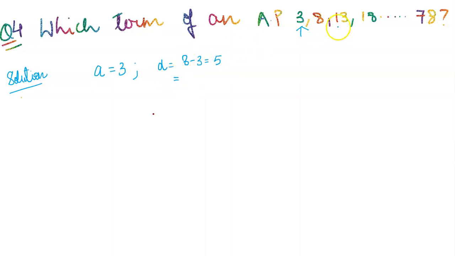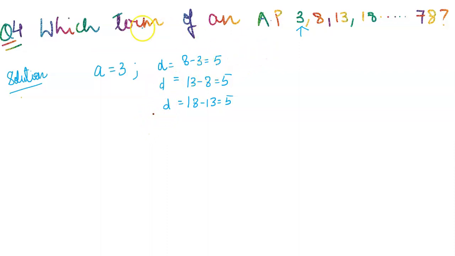For that matter, you take any term and subtract, it will be the same. So 13 minus 8 is again 5, and 18 minus 13 is again 5. So the value of D will be the same, because only then will this be an AP, as I explained yesterday.